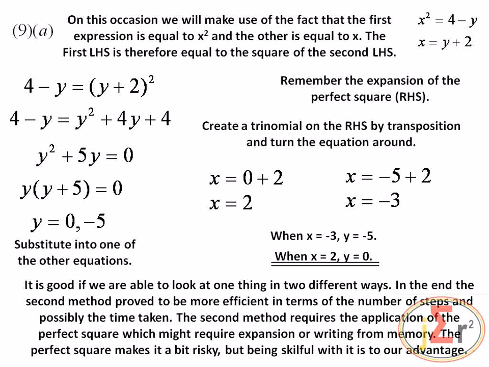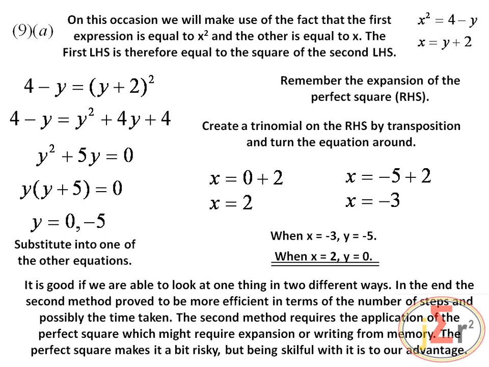The perfect square makes it a bit risky, but being skillful with it is to our advantage. If we are skillful with the perfect square, then we have a short solution both in time and in the number of steps. If not, we will have no difficulty arriving at the answers.